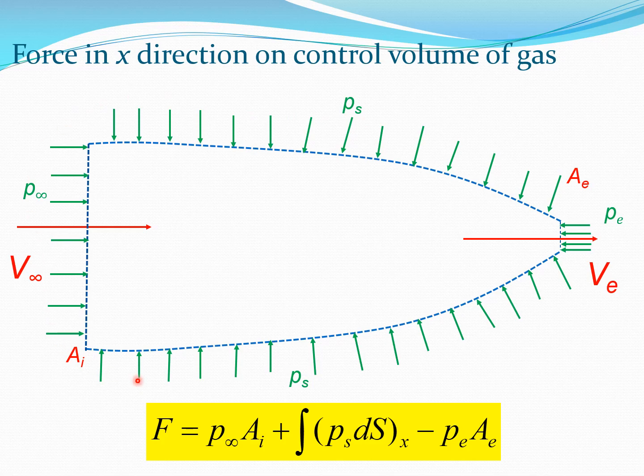So from this particular pressure distribution we can say that the force which acts in the x direction on the control volume of the gas is going to be P infinity into AI, that's the force in this direction, plus the PS dS component in the x direction, which is given by this integral, minus the PE AE component because PE is acting in the reverse direction. So there is a negative sign there. So this particular equation in yellow is something which is coming out of the control volume type of thinking.